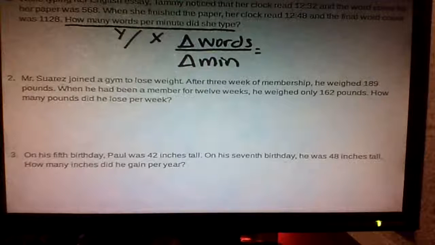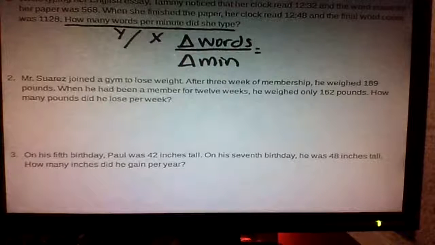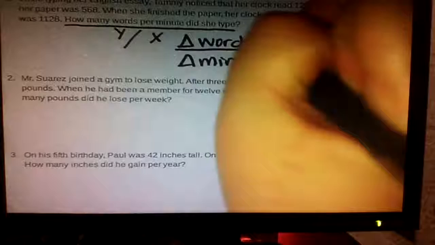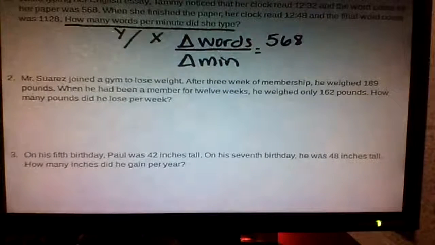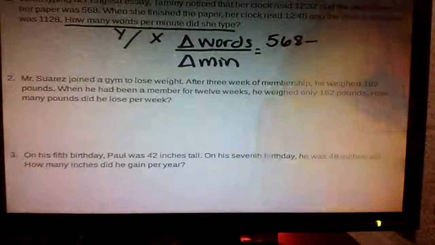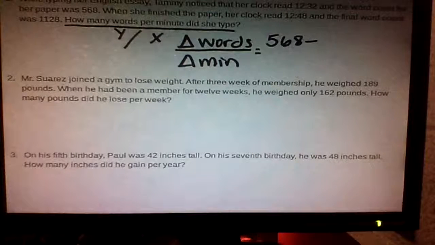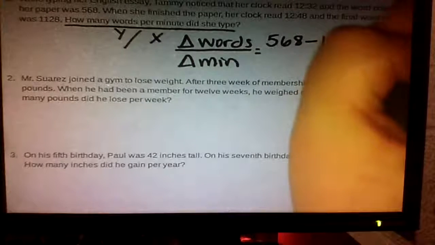Well, how many words did I start with? 568. I started with 568. And I went up to 1,128.